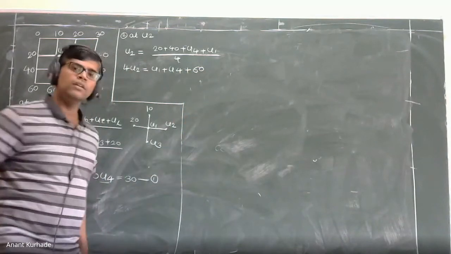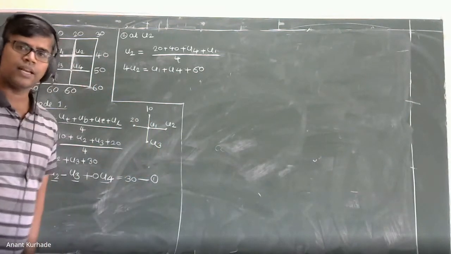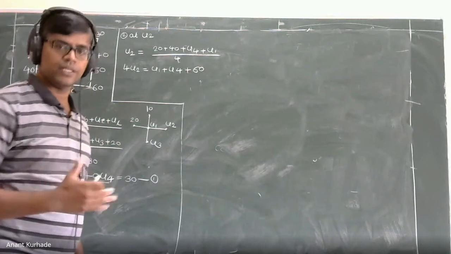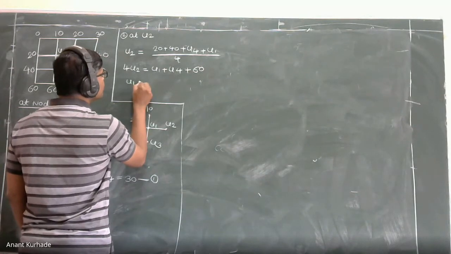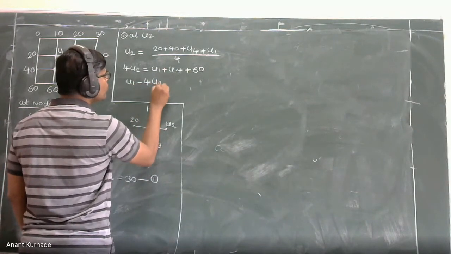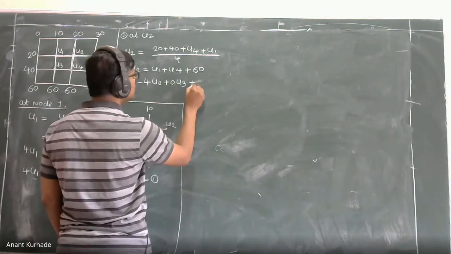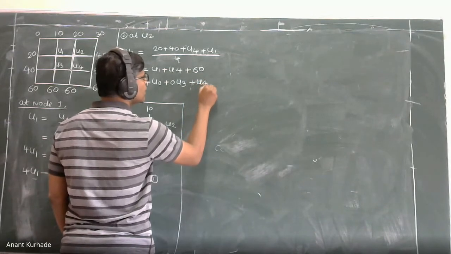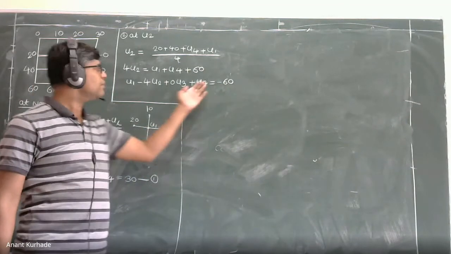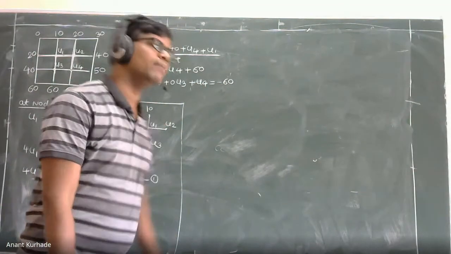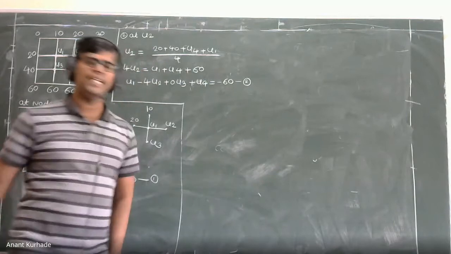Here U3 is missing, so add U3 with 0 coefficient. We write U1 minus 4U2 plus 0U3 plus U4 is equal to minus 60. Assign this as equation number 2. Correct?